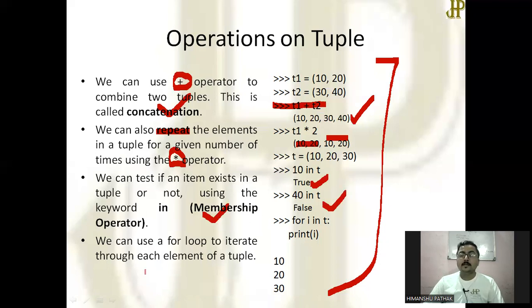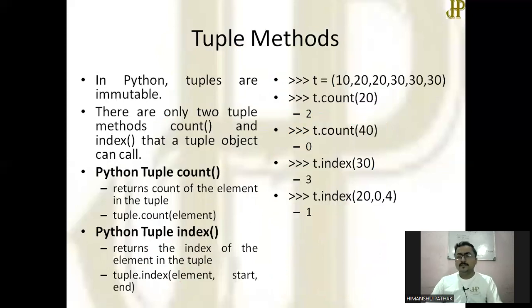And at last, we can use a for loop to iterate through each element of a tuple, because we already heard that a for loop can be used with what? A sequence, and tuple is also a sequence data structure. So 10, 20, 30 is printed. No issue. So it is very easy.